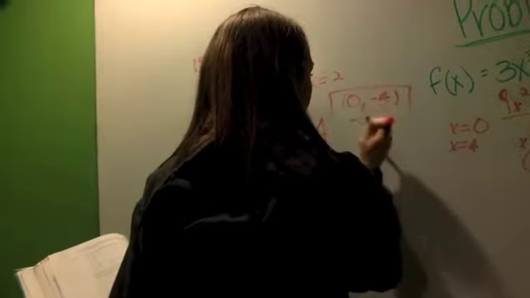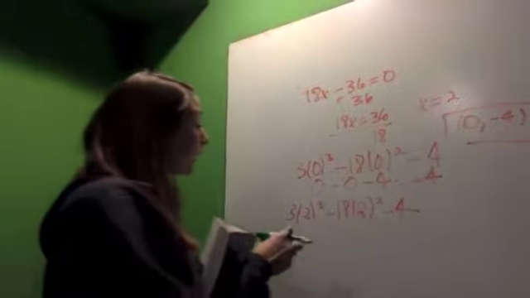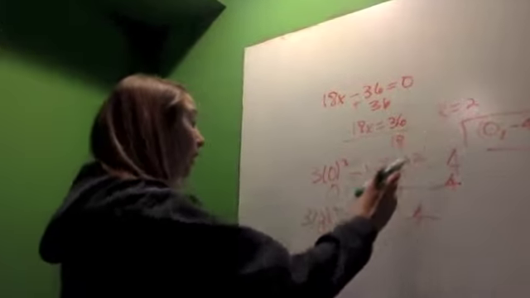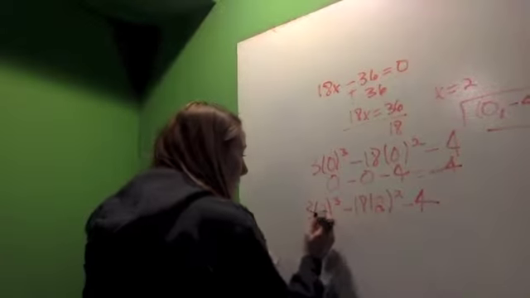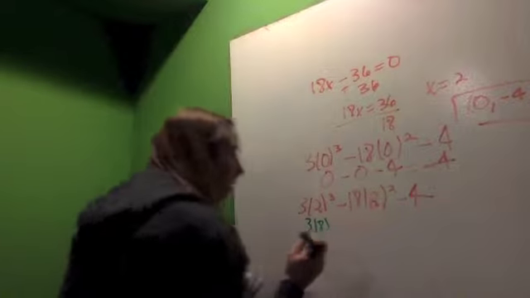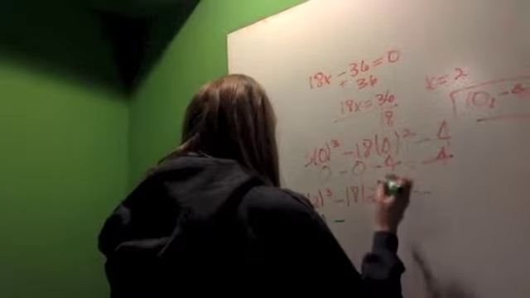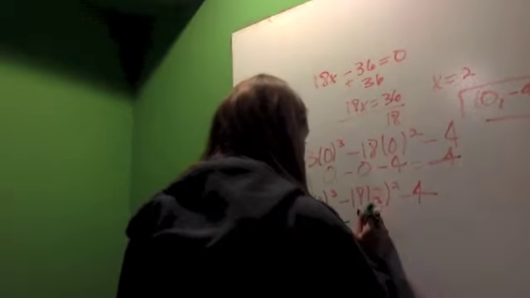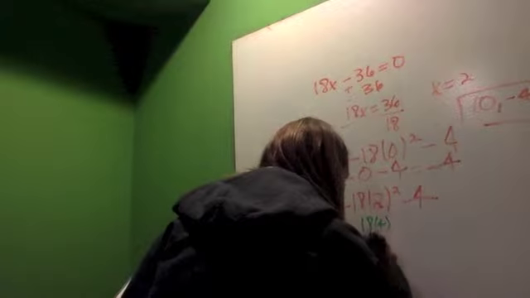And then we will take 2. So now we're going to plug our next x value in, which is 2. So 2 to the third is 8. So 3 times 8, which is 24, minus 2 to the second is 4, times 18 is 72.